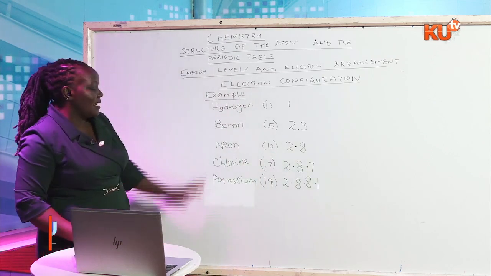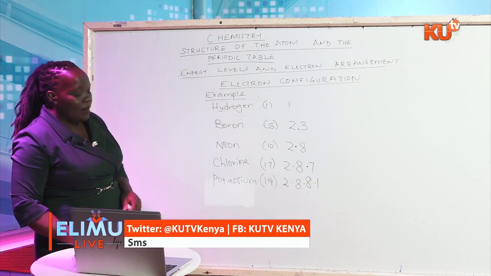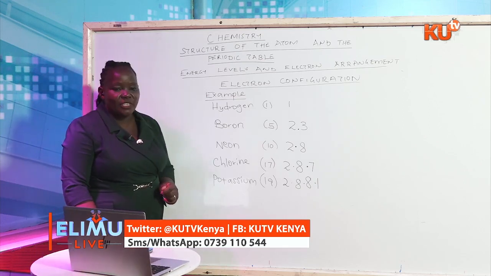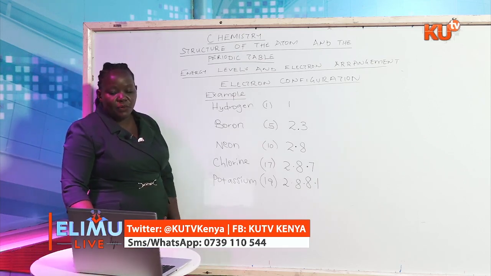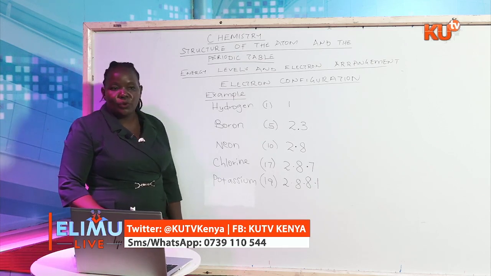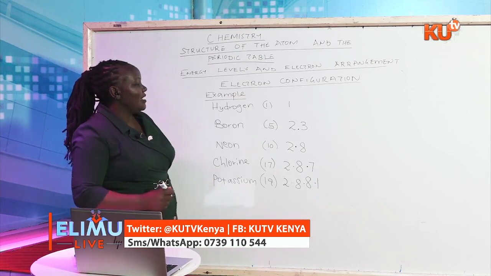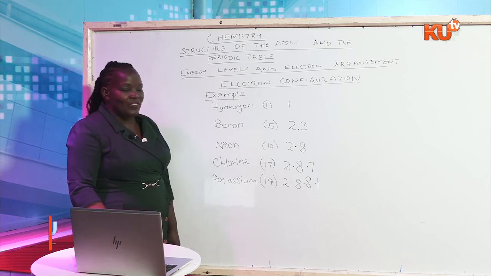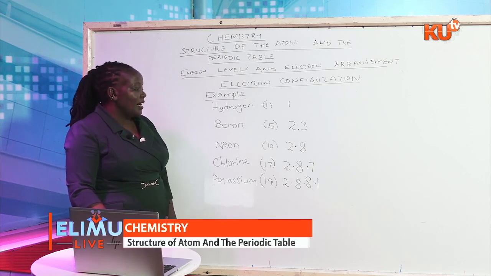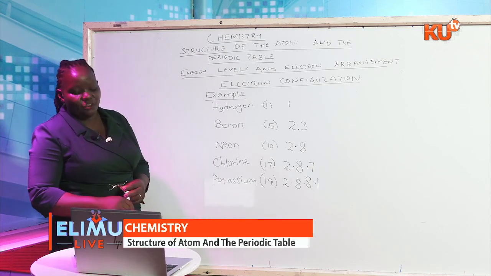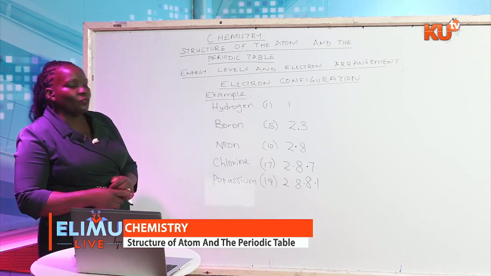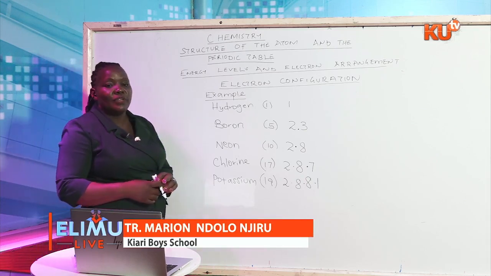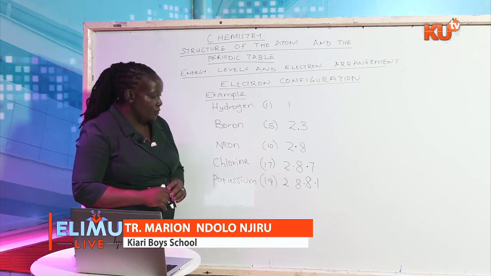So we have those as elements that are showing us how we can arrange our electrons in the energy levels. It is very important for us to note that if we know the number of electrons in a given atom, then it is very easy for us to come up with the electron arrangement, as long as we remember the maximum number of electrons that each energy level carries.